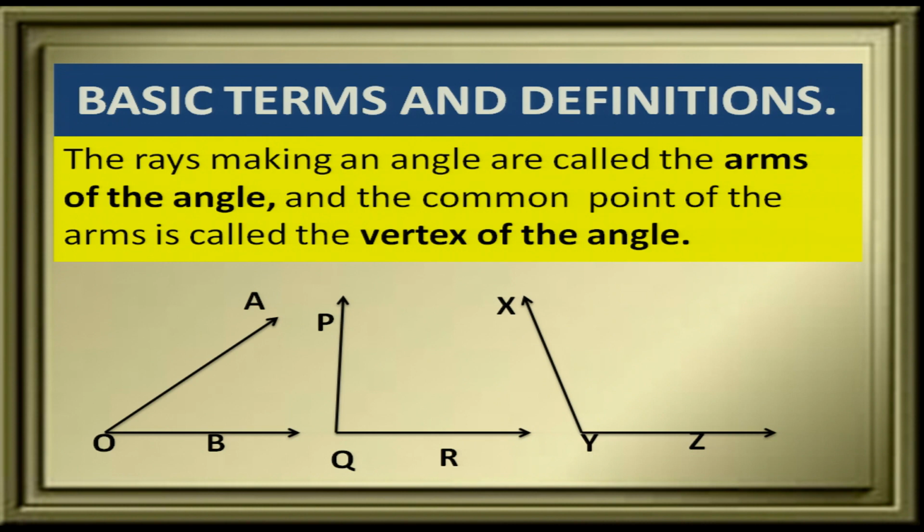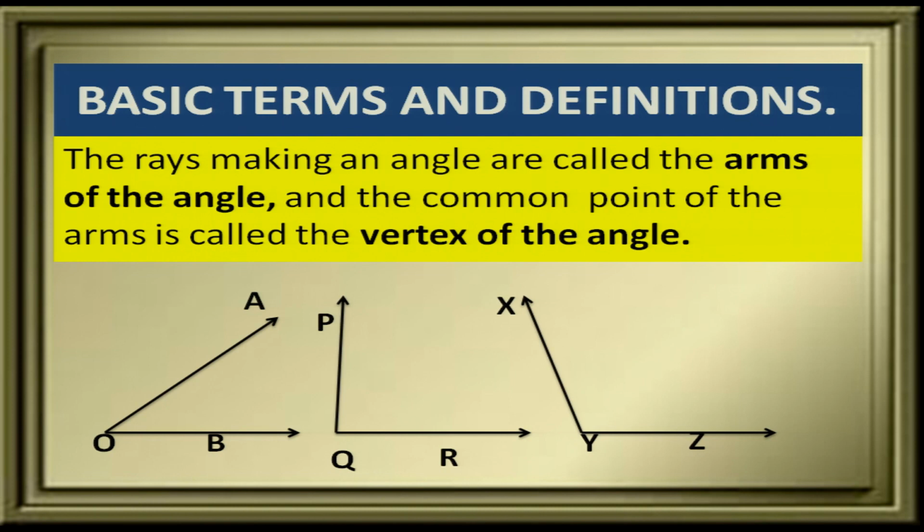So usually we use three letters to express the angle. And how to write that? The vertex must be the middle letter of the name. In the first case, the name of the angle is AOB. Why AOB? O is the vertex. You can write the name of this angle as AOB or BOA, but the vertex will not change. The other two may change, AOB or BOA, that represents the same angle.